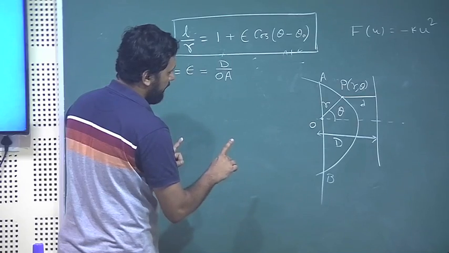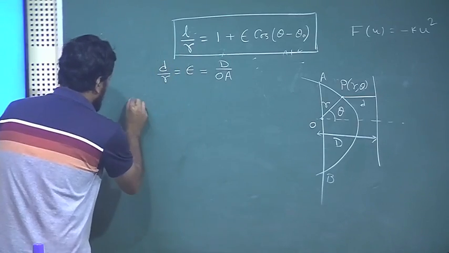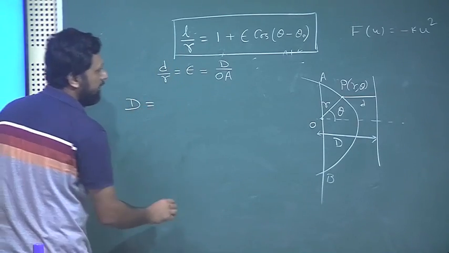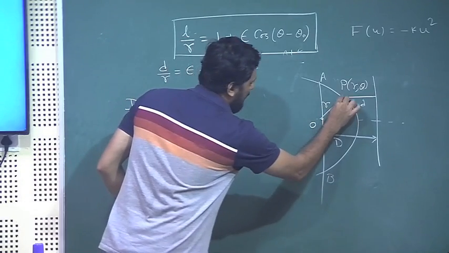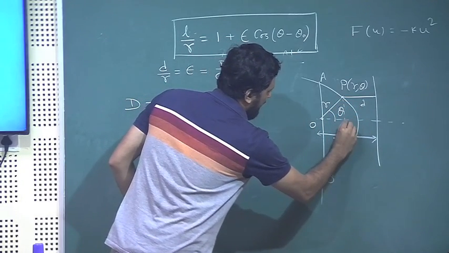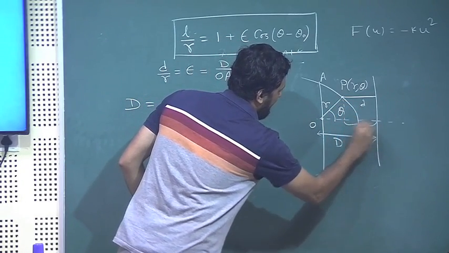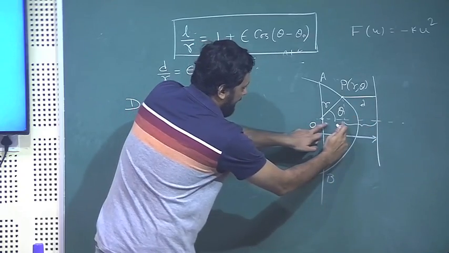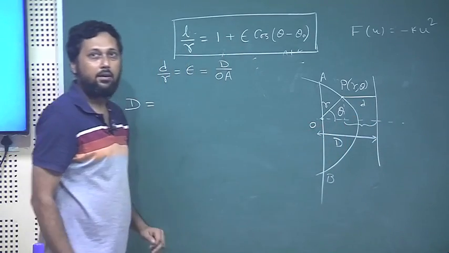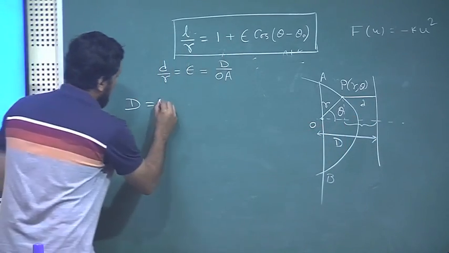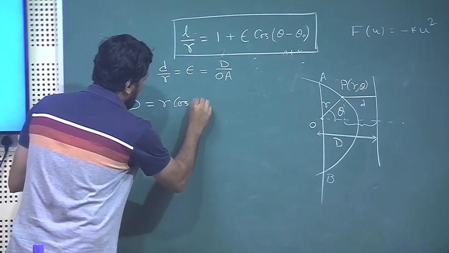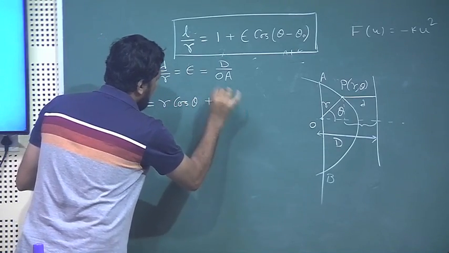So it is r cos theta plus d. Now, D is equal to what? This length once again is small d and this length is r cos theta. So, D is equal to r cos theta plus d.